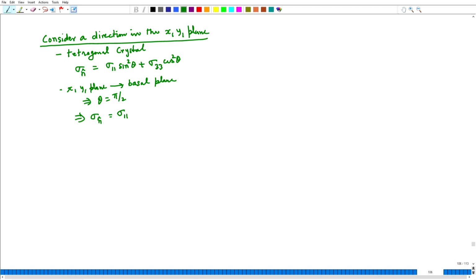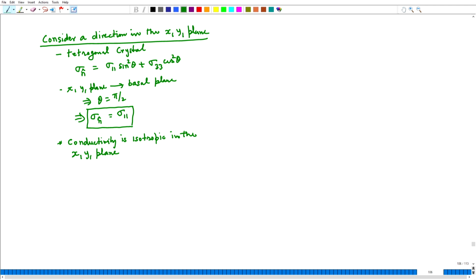So, in the basal plane the conductivity is independent of the direction. You can even say that conductivity is isotropic in the x1 x2 plane. This is true for all tetragonal crystal systems.